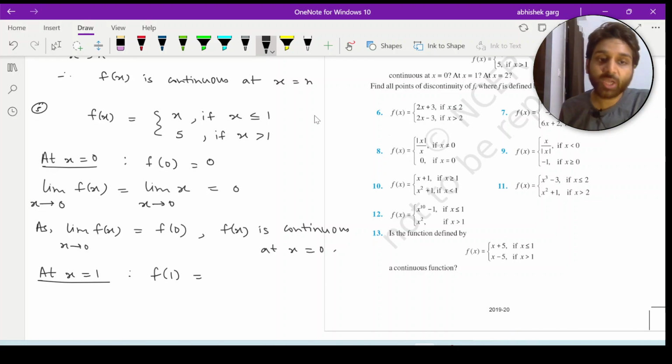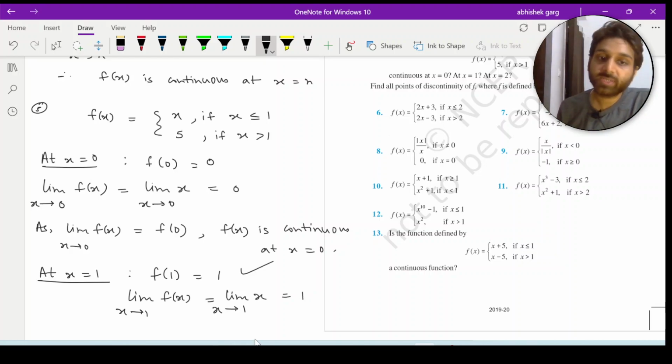To calculate the value of f(1), we will use this one because this is x less than or equal to 1. So we'll use f(x) is equal to x. So if we substitute x equal to 1 over here, the value of f(1) we will get as 1. Now we'll calculate the limit of the function at x tending to 1. Since we are using f(x) as x, we'll substitute the value of x as 1.